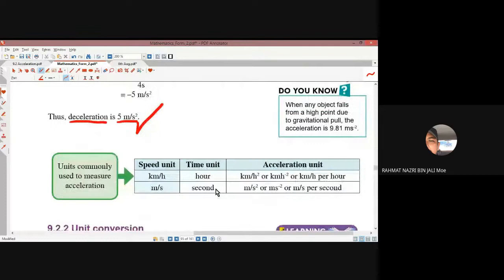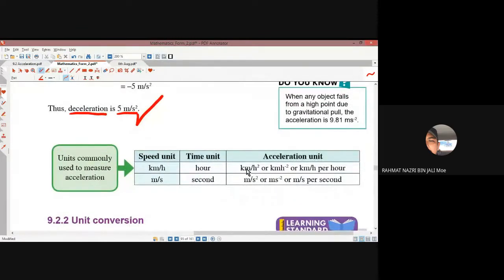Okay, and this is the way we read it. km h square. Km without slash, so we can write km h negative 2, ataupun kita boleh tulis km slash h per hour. Jadi ada 3 unit di sini. Kita boleh tulis 3 ways we write the unit, the acceleration unit.